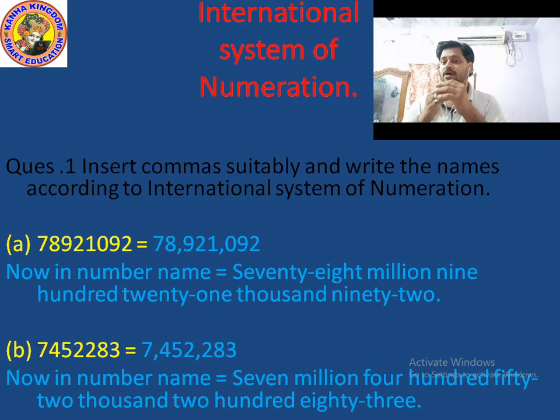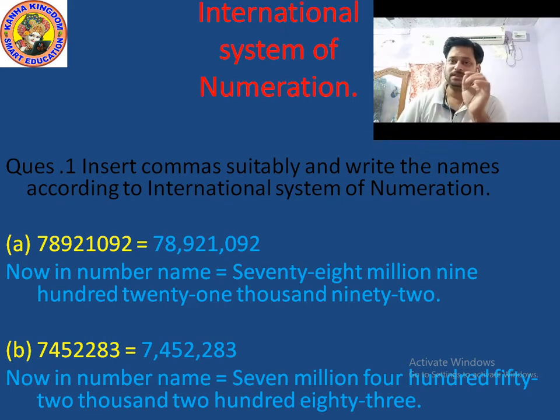Now see, after finding the digits, it is very easy to insert the comma, because only 2 digits are in millions period. Which are they? 7 and 8. So write down 7 and 8, then comma, and after that just count 3 digits, that is 9 to 1, then comma, 9 to 1 in thousand period, and after that 092 in ones period.